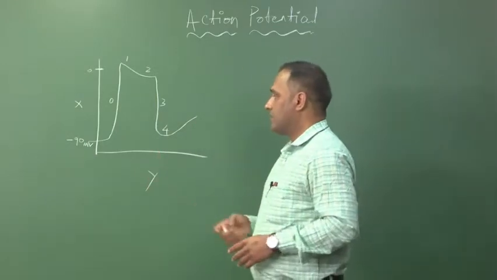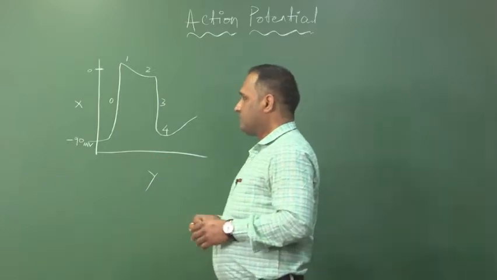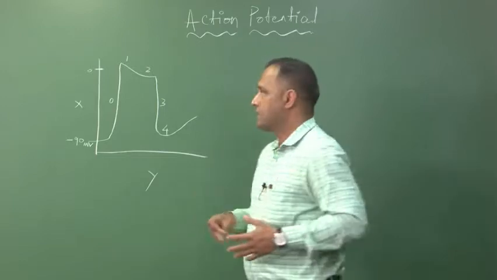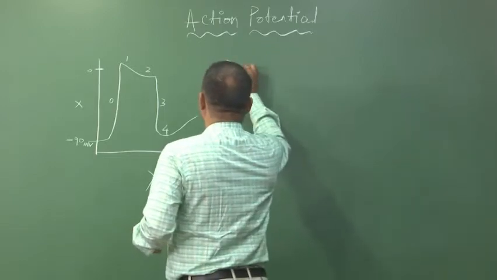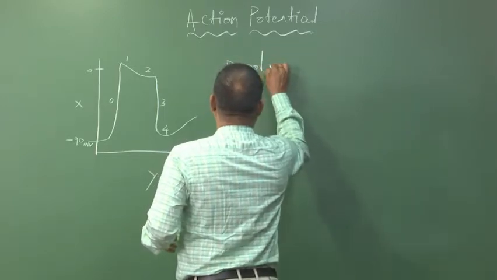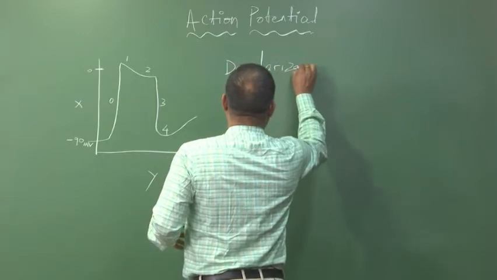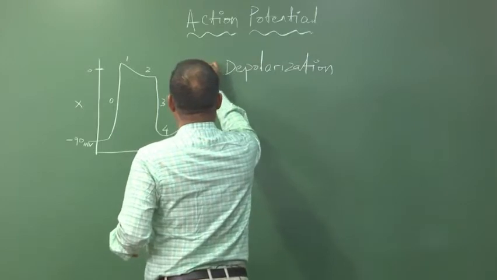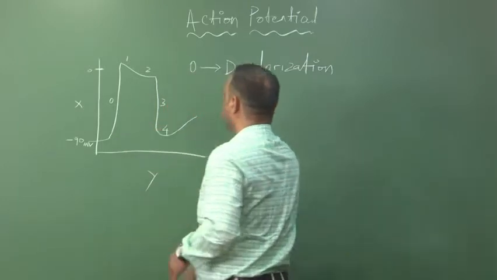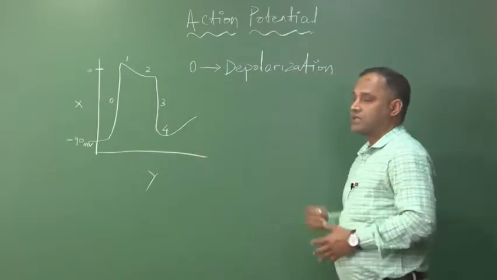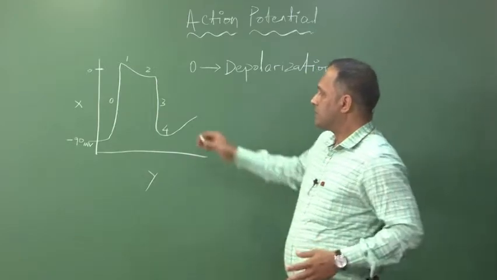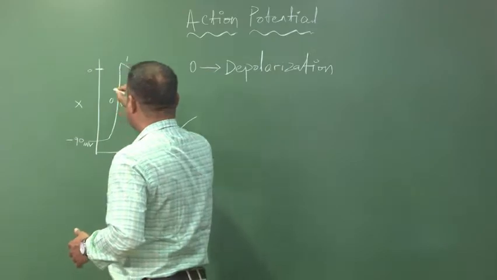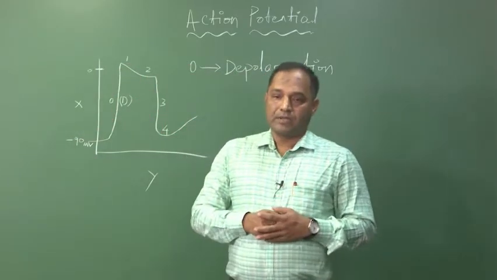So minus 90 millivolt. Then when the action potential starts, at the first stage, I will say that is depolarization, which represents 0. That means this one is the 0 or the depolarization.